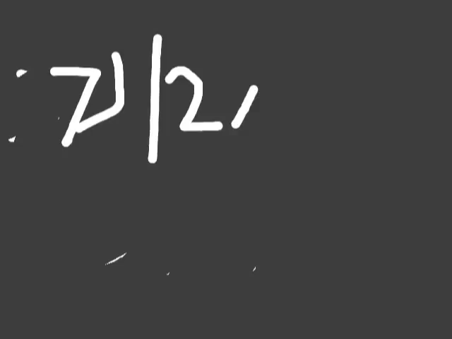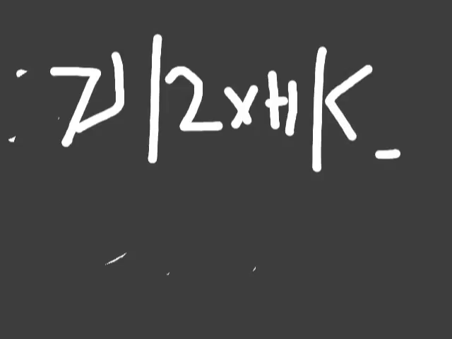Problem number 7 is our first inequality. So the inequality is the absolute value of 2x plus 1 is less than or equal to 7.